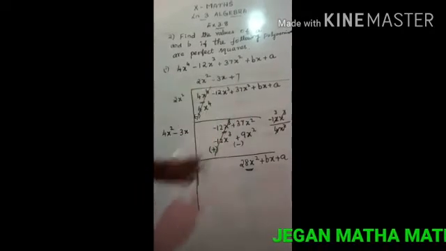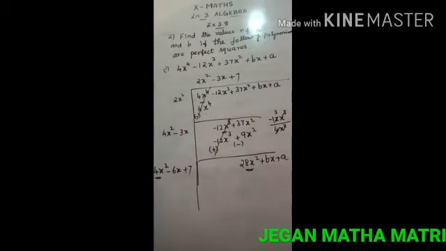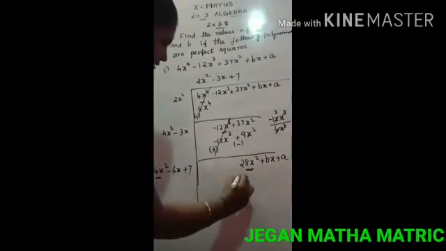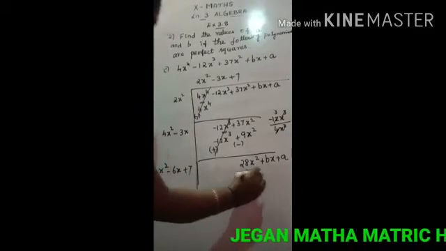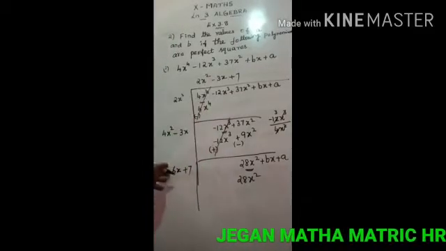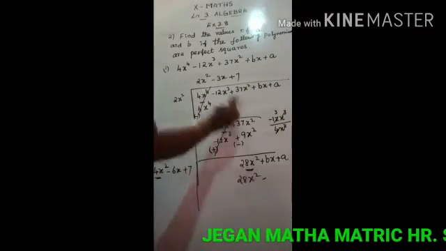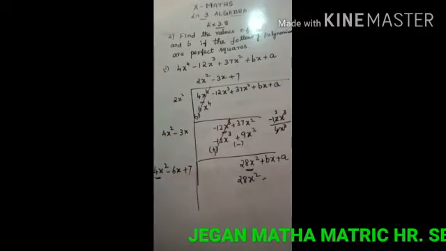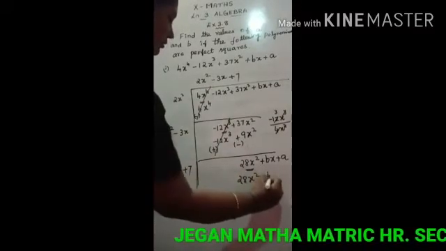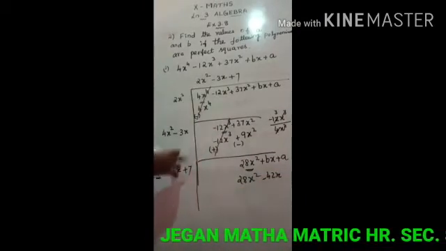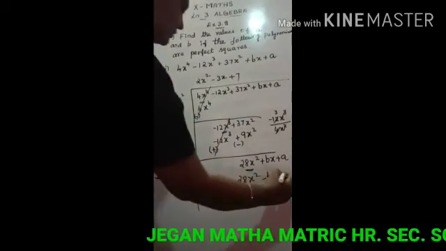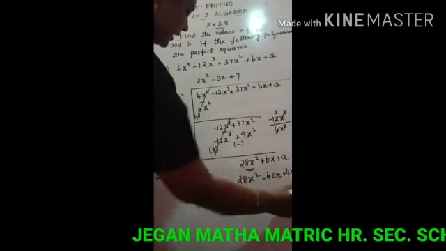So 7 multiplied into the 3 expressions. We have 7 4s are 28x square. Plus into minus, minus, 7 6s are 42x. Plus into plus, plus, 7 7s are 49.